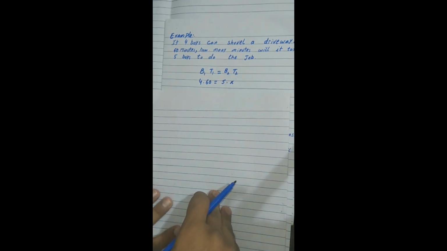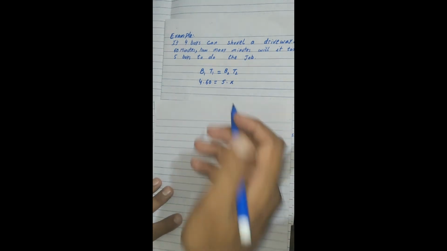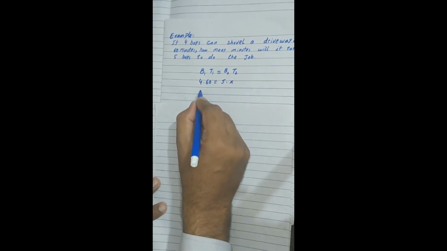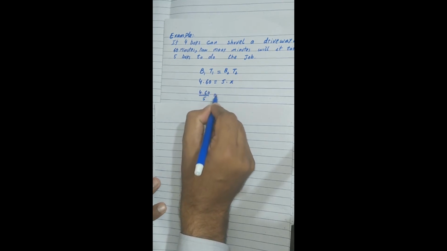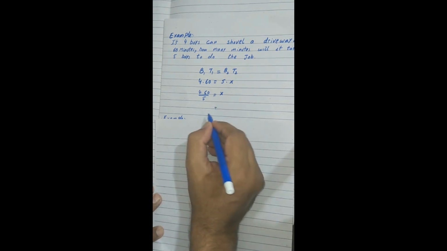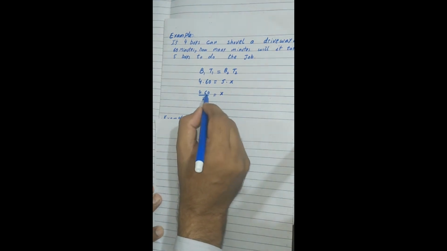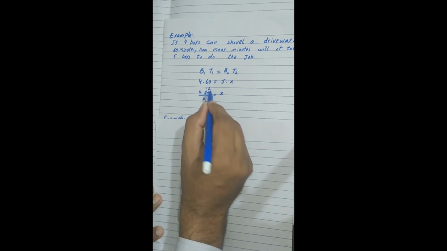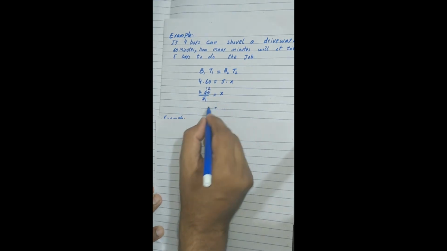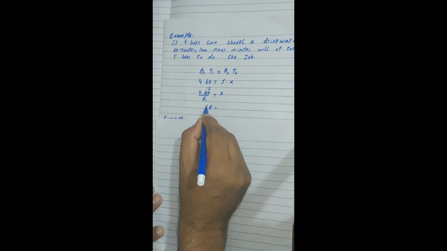You can solve this question: 5 we divide on the opposite side, cancel the values. 5 ones are 5, 5 ones are 5, 1 carry, 5 twos are 10, 12 fours are 48.